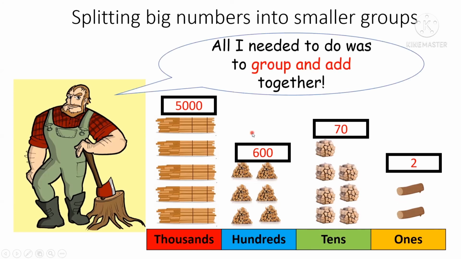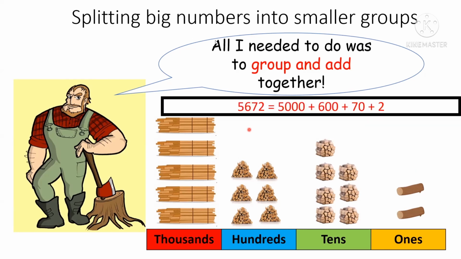So here, all I needed to do was to group and add together. Yes, woodcutter, that's correct. We gave him a very clever idea just now. So all he needs to do is add up the groups. 5,672 equals 5,000 plus 600 plus 70 plus 2. It's much simpler than what we did before.